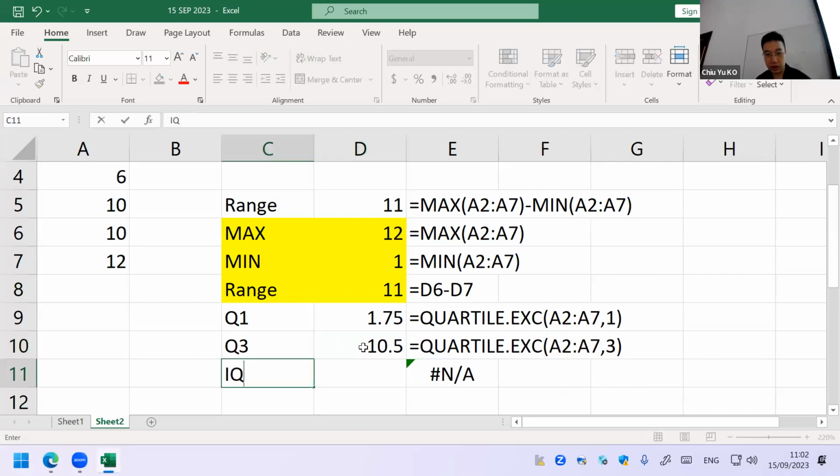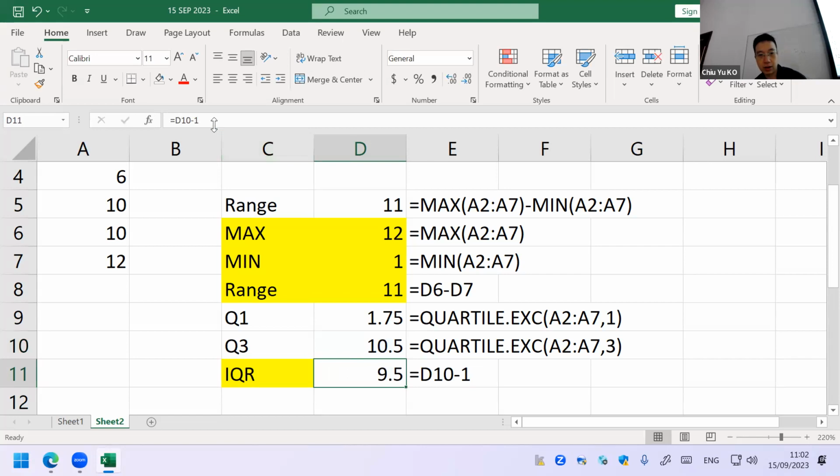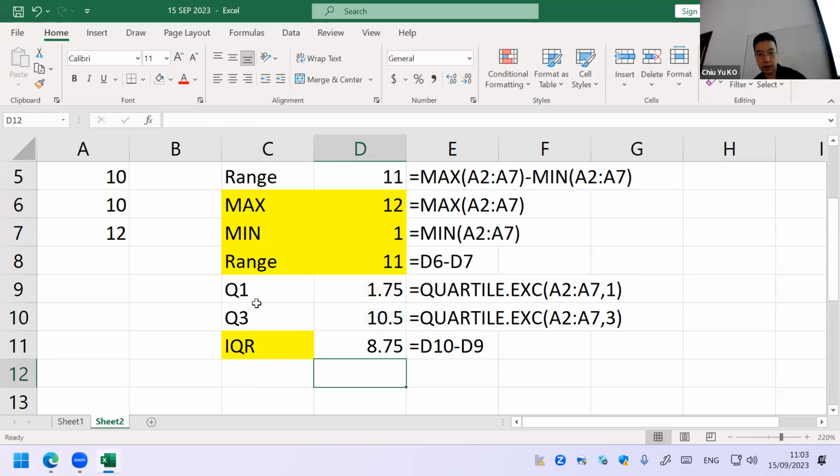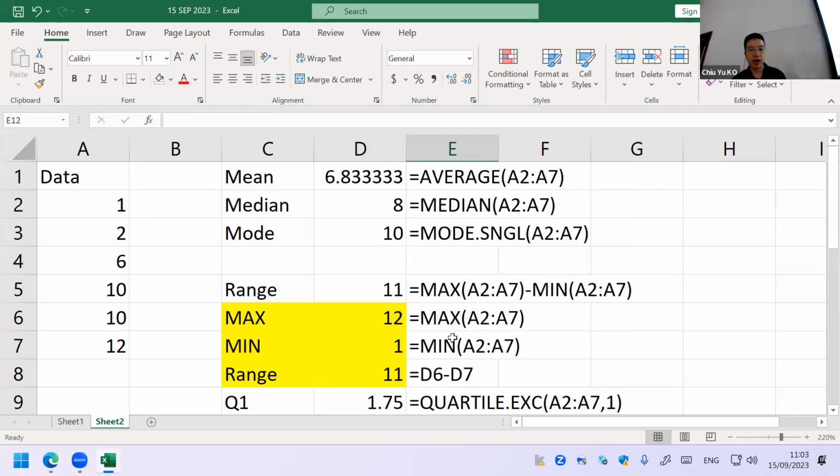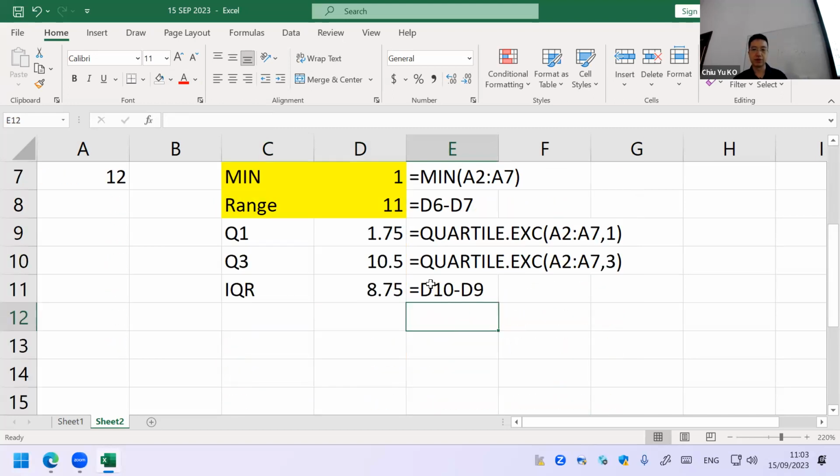And the IQR is Q3 minus Q1. Okay, so it's supposed to be like that. The data may be different from mine, but you should see this is the formula. You calculate quantile 1 and quantile 3, and then take the difference. Any question?